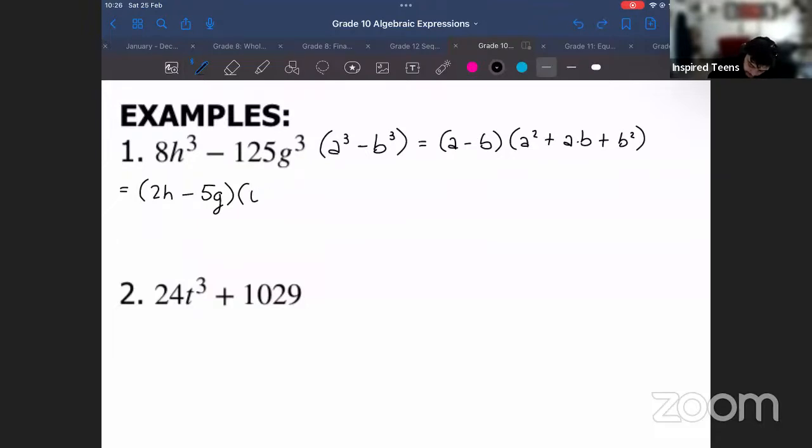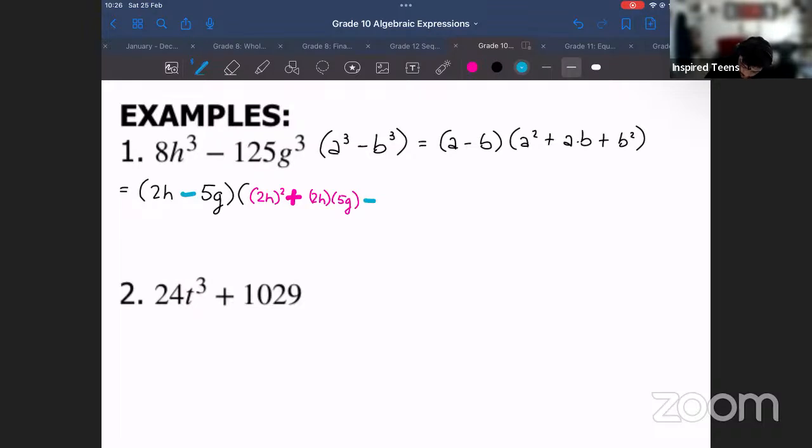What am I squaring? Let's do it step by step. I'm squaring 2h. Right? Same sign, negative. Sorry, opposite sign, positive. Minus, plus. How am I getting this middle term? I am getting the middle term by saying a times b. So 2h times 5g.